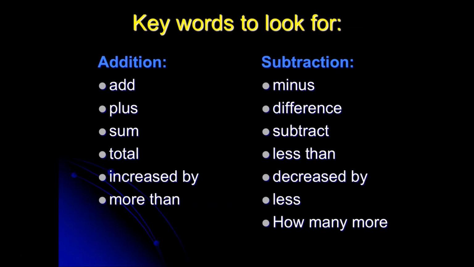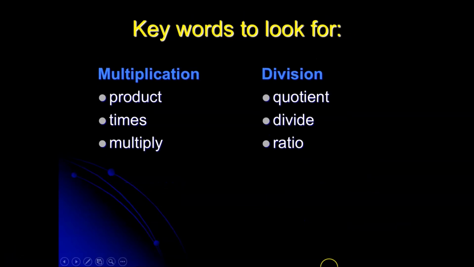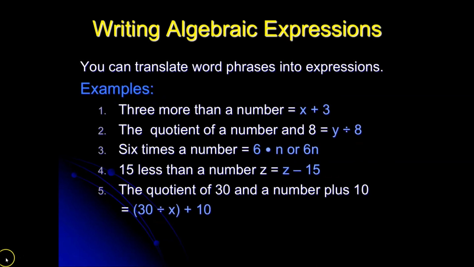In subtraction, you have the words minus, difference, subtract, less than, decreased by, less, and how many more. For multiplication, we have the words product, times, multiply, and for division, we have quotient, divide, and ratio.